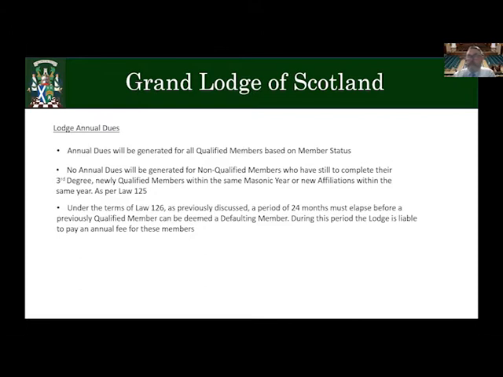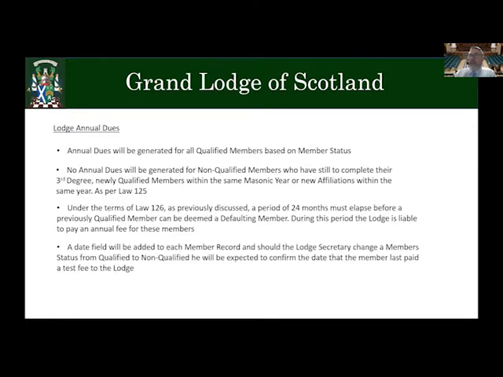So what we're doing with the database now is reflecting the situation that has always been in place within the Constitution and laws. And in order to allow us to do that, a date field will be added to each member record, and if a lodge secretary wants to change a member status from qualified to non-qualified, he will be expected to confirm the date that the brother last paid a test fee to the lodge.